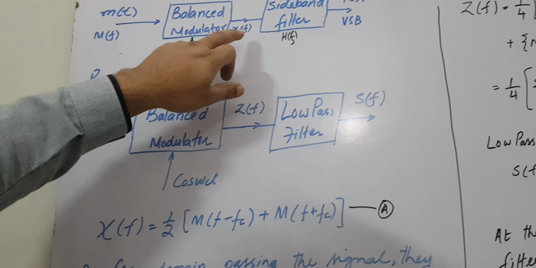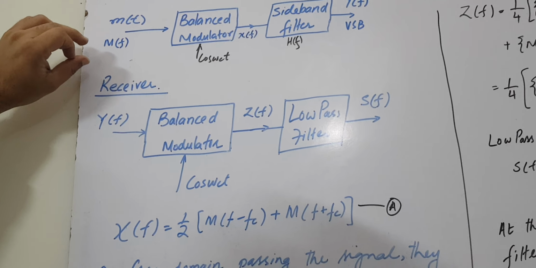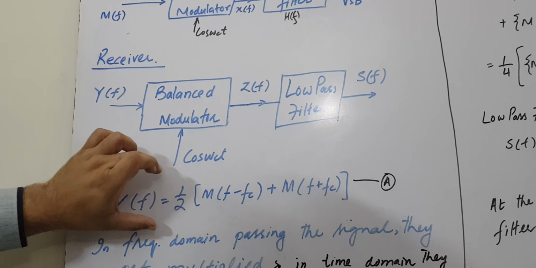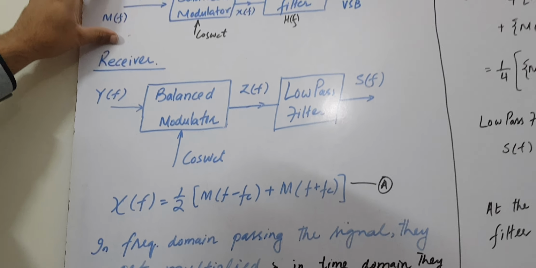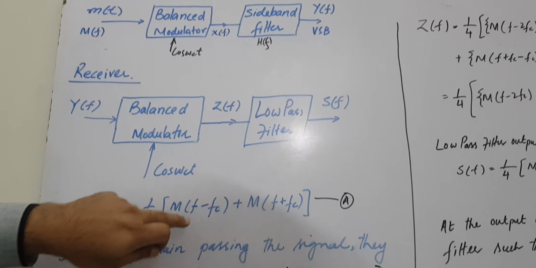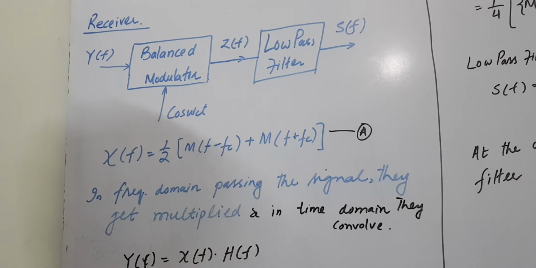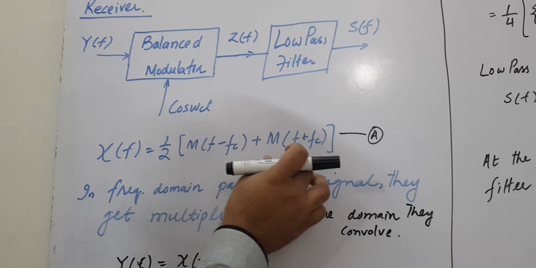So let's start with X of f. If you want to write it in terms of the frequency domain, you know that the message signal is shifted to the double sideband. Double sideband means the message signal is shifted to the frequencies of the lower sideband and the upper sideband.